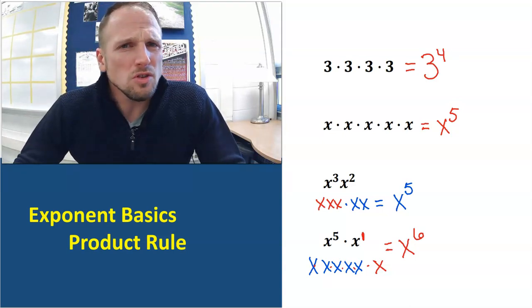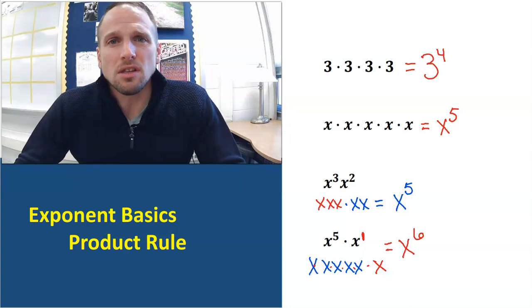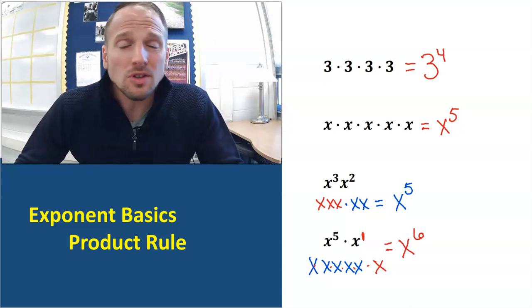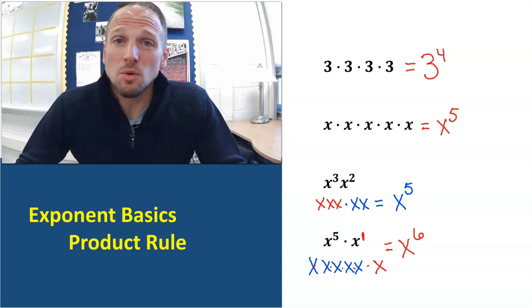So what are we going to do with those exponents? What does it look like we're doing when we multiply with them? Same bases and with exponents, we're actually going to add them. Did you see that? 3 plus 2 is 5, X to the 5th. And on the bottom one, 5 plus 1 is going to be 6, so it's going to be X to the 6th.